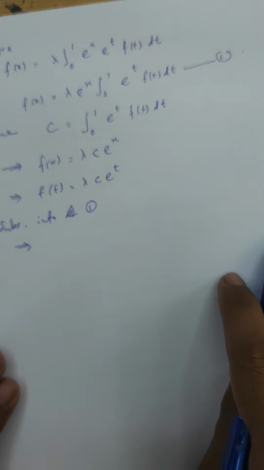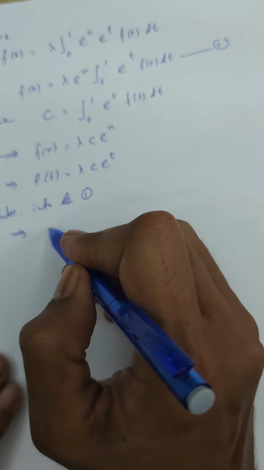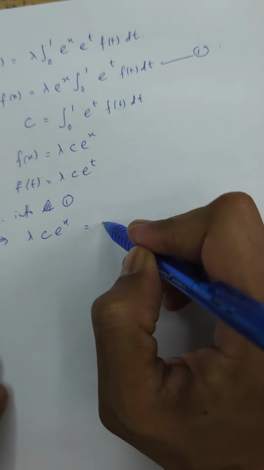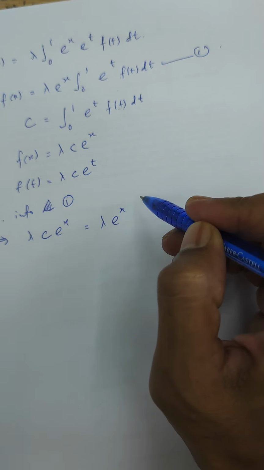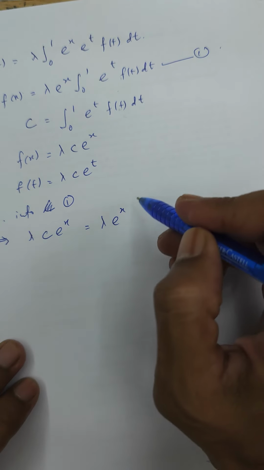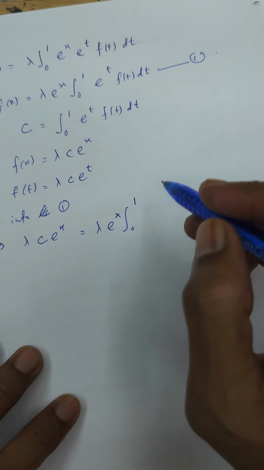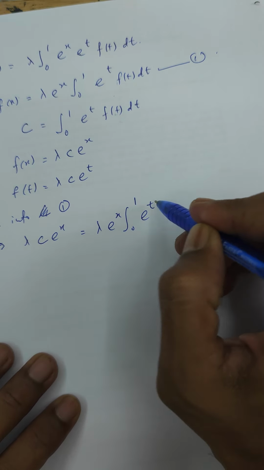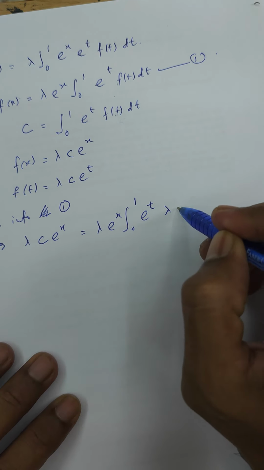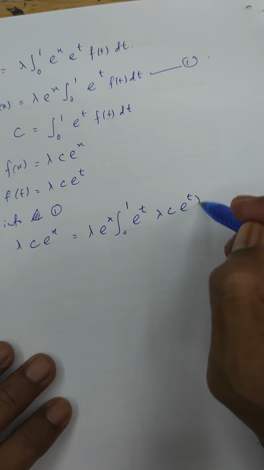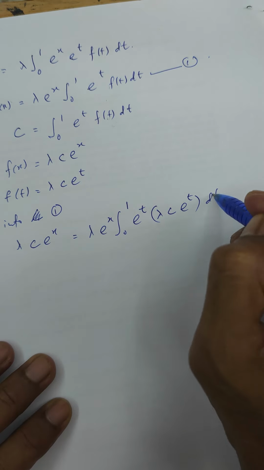Substituting into 1, we have lambda c e^x equal to lambda e^x integrate 0 to 1 of e^t times f(t), which is lambda c e^t, dt, right?